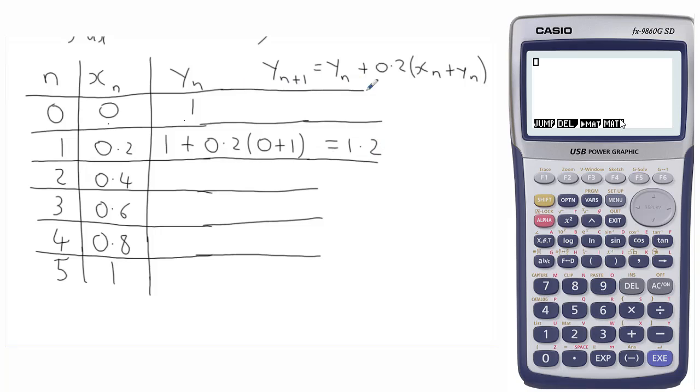Okay, on to the next one. So now for y2, we need to use the values for x1 and y1. So y2 is going to be y1, which was 1.2, plus 0.2 times x1 plus y1.